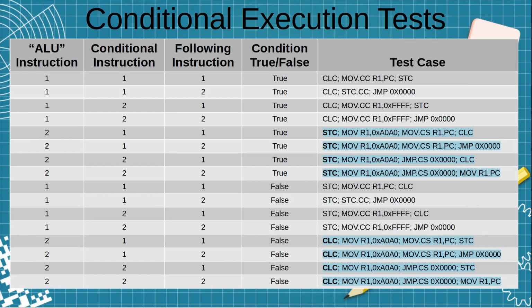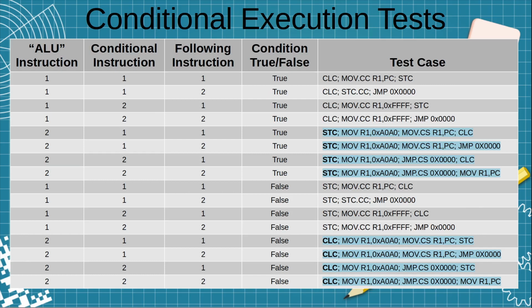Now the ones that are highlighted in blue actually are 4 instructions, not just 3. The reason there's a 4th is I have to make sure that my test case is set up perfectly. So I am going to set the carry flag and then do a 2-byte instruction ahead of the conditional instruction move when carry is set. A couple of other things related here. I am going to have to implement a couple additional instructions.